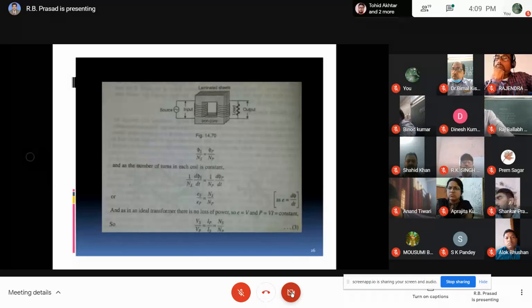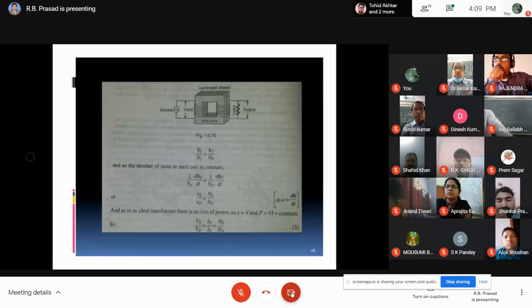VI is equal to constant. Second point is, if the number of turns in the secondary is less than the primary, the transformer is said to be a step down, and it reduces voltage and increases the current.